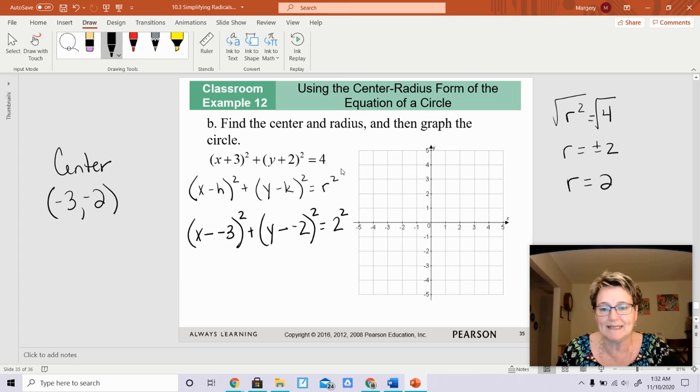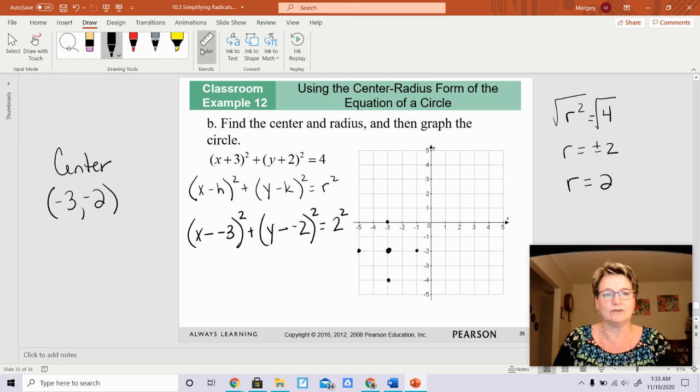So I'm going to do my center first. It's going to go over negative 3, down 2. So I'm here. My radius is 2, which means it goes 1, 2. Here's a point. Then again for each direction. Find the center and radius, then graph the circle.